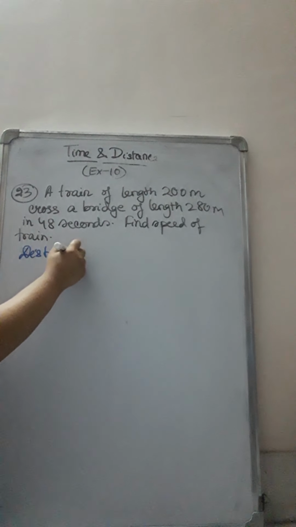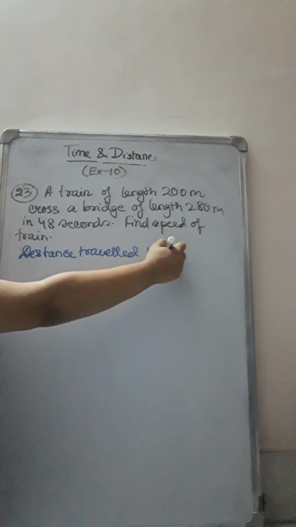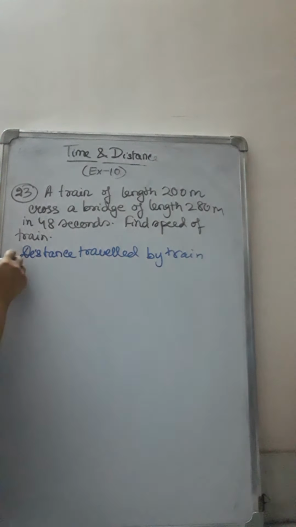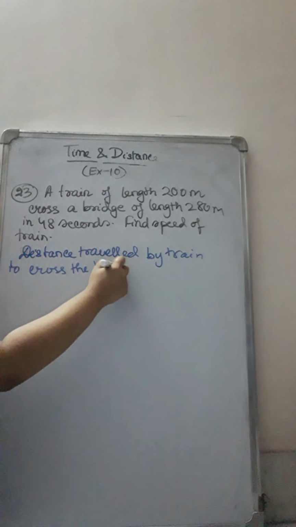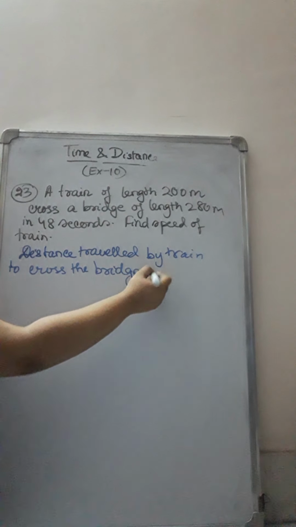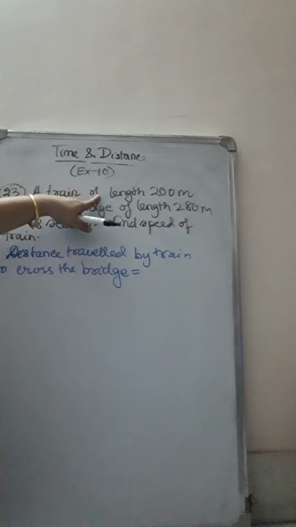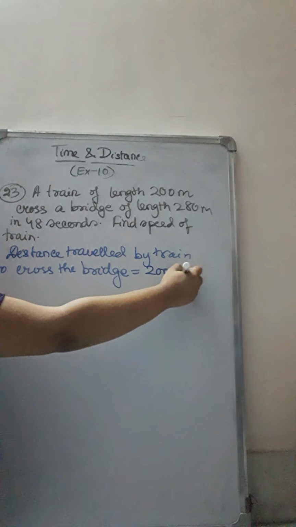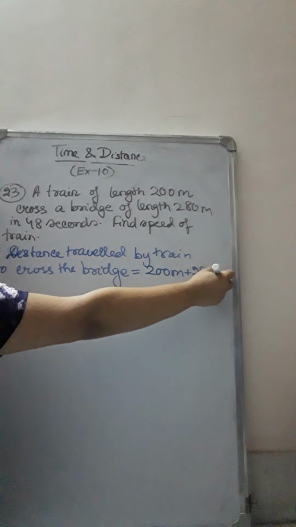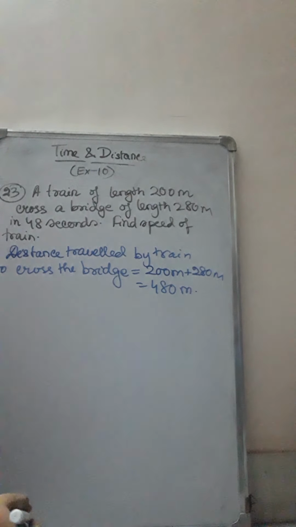Distance travelled by the train to cross the bridge, as I have discussed many times in the video, will be the length of the train as well as the length of the bridge. So 200 meters plus 280 meters equals 480 meters. So you got the distance travelled by the train to cross.